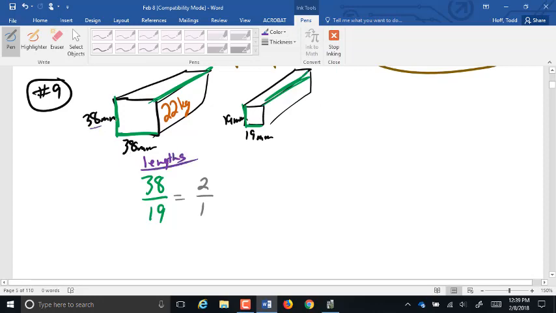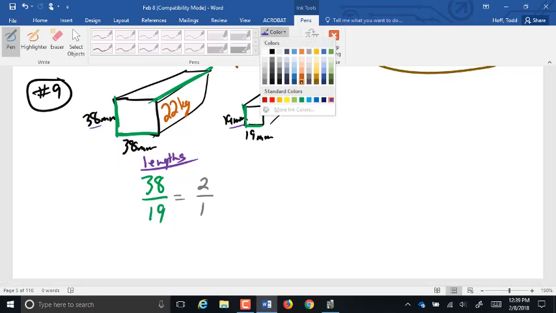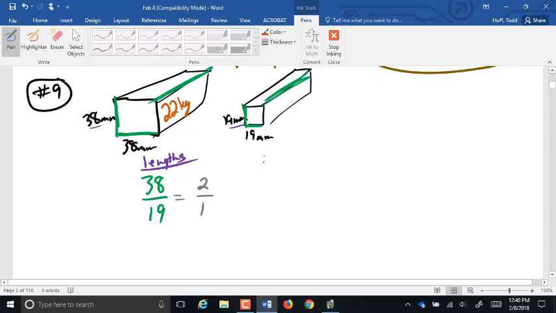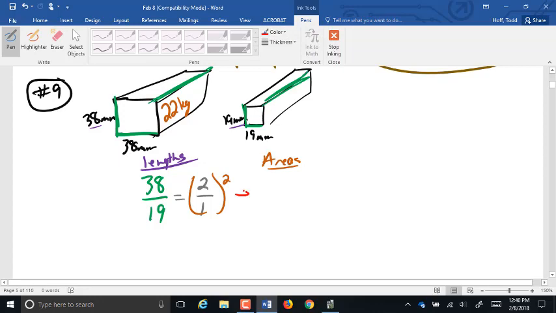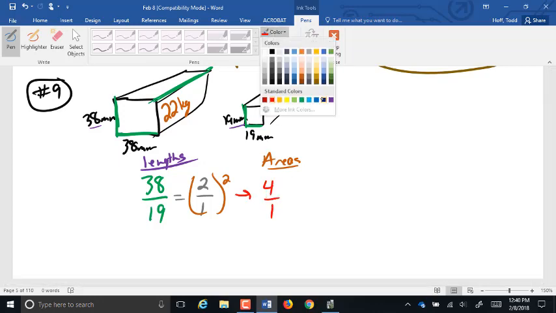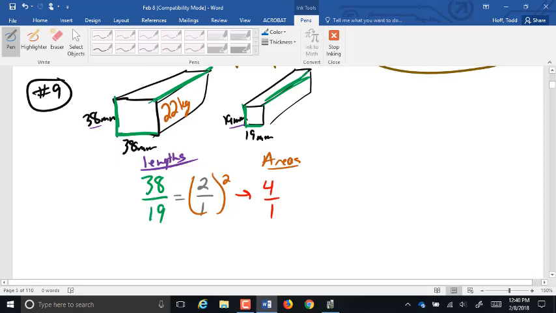The length went from 38 to 19, or the width went from 38 to 19, however you want to look at it. It's a 2 to 1 ratio of lengths. The ratio of areas would be that squared. 2 squared is 4. 1 squared, 1. So we have a 4 to 1 ratio of areas.